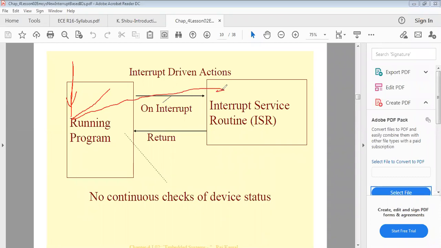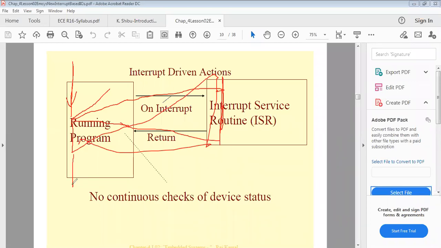Again, that ISR program is executed, whatever actions they have to do are executed, and it goes back to the main program and continues. Suppose it gets another interrupt, it goes again to the ISR, executes the same, comes back and resumes the current program. Suppose while executing that ISR it gets another interrupt with a higher priority than the currently executed program, it goes for that ISR, executes it, returns to the previous ISR program and completes it, then goes to the main program.